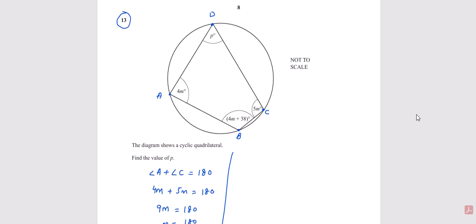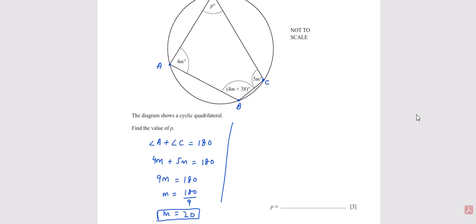So angle D and angle B, the sum of these angles is equal to 180.